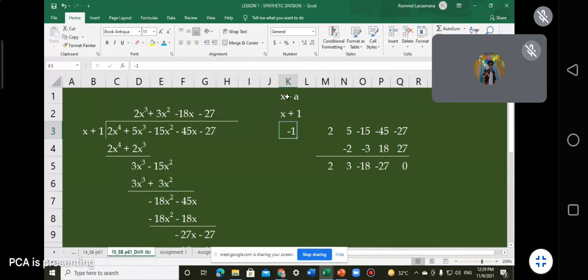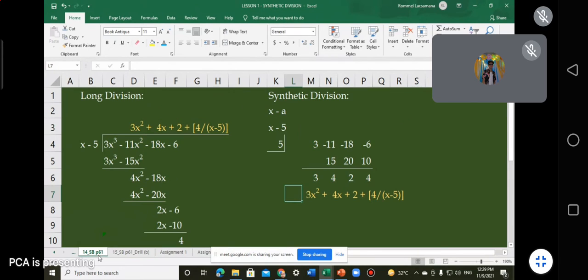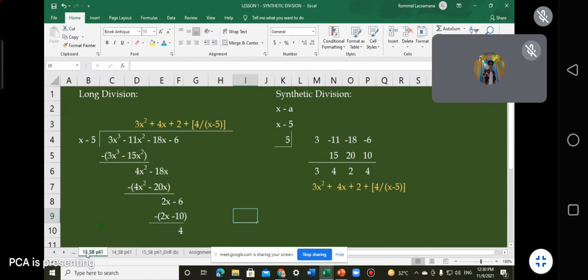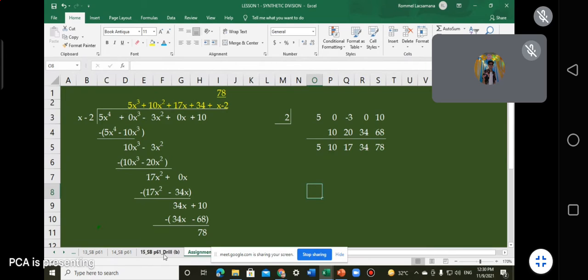If it's minus, like the ones that we have had, it's a positive 5, no? Okay, take note of that, no? Nothing to solve about, but it's a pattern, no? If it's x minus 5, the one that makes x minus 5 a 0, it's a 5. Ganun lang siya. That's how you think of it.